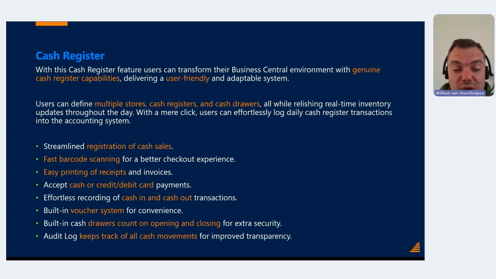You can work with the voucher system, and with the optional counting of the drawers on opening and closing. Basically, you have the whole process of easy cash sales. That's why we call it the lightweight POS system in your Business Central environment for those customers who do want a lightweight POS system. So that's what I showed you in the Business Central environment.